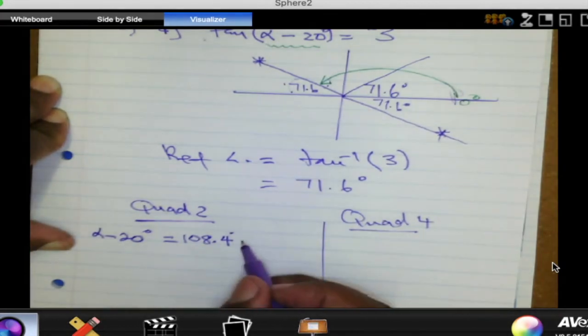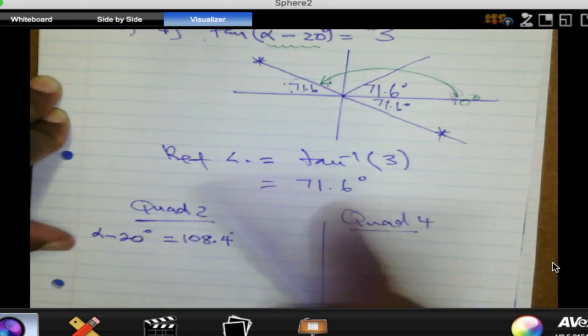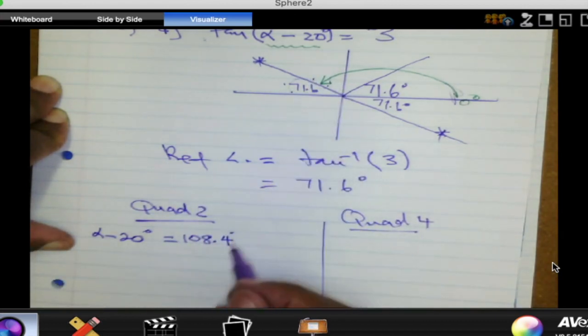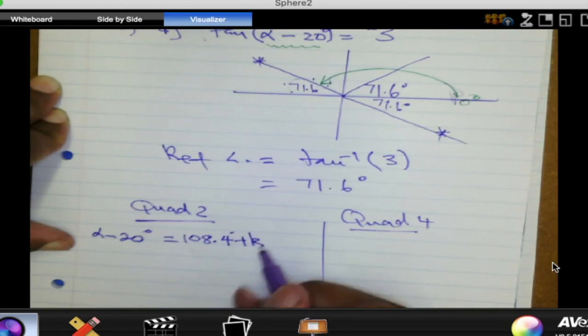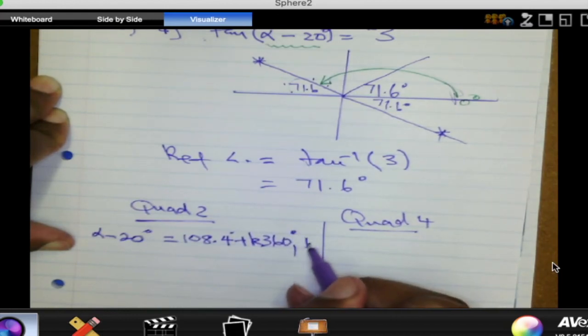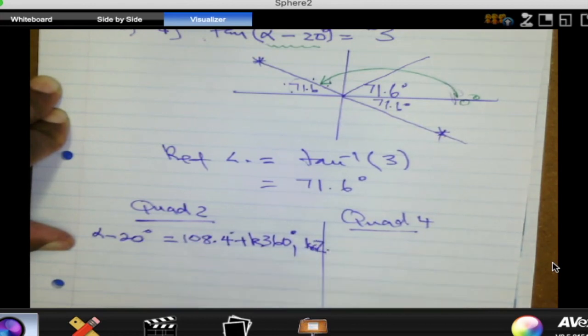Now, is that the only angle though? No. If I add another revolution, I'll end up in the same place, right? So I can add as many 360s as I want here. Then I can work out alpha by moving the -20 to the other side.